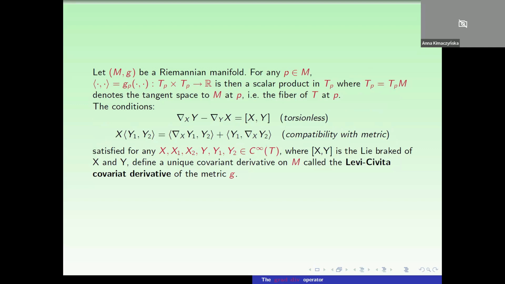For any p from M we have such scalar product in T_pM, where it denotes the tangent space to M at p. And we have here the Levi-Civita covariant derivative of the metric g, given by these conditions. We have here torsionless and compatibility with the metric.